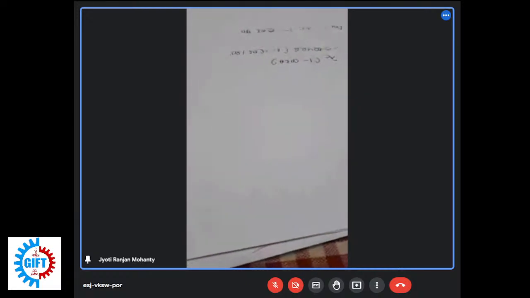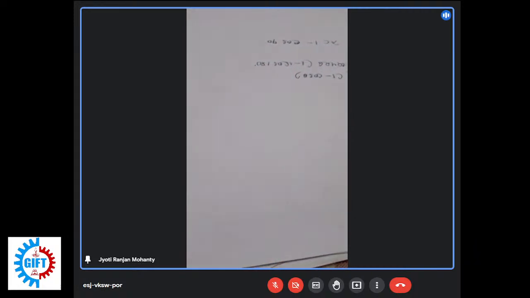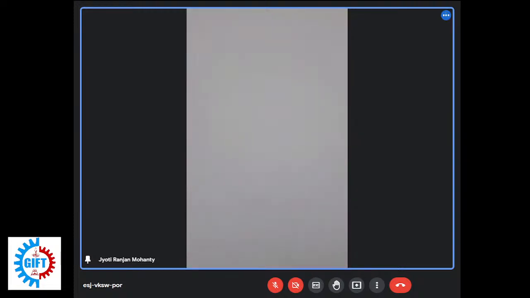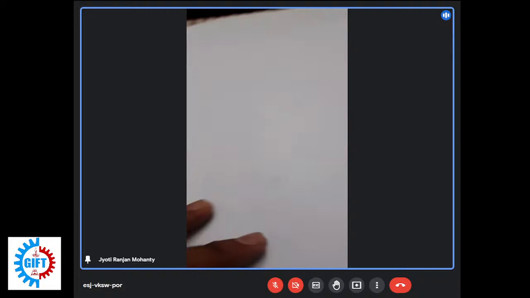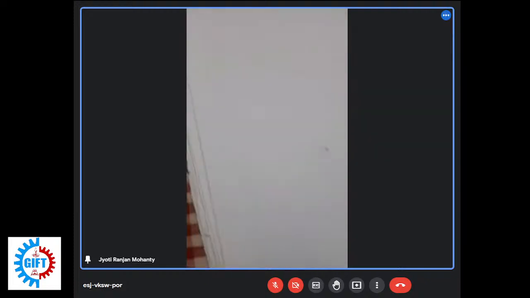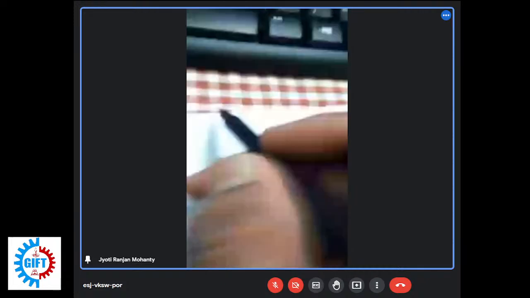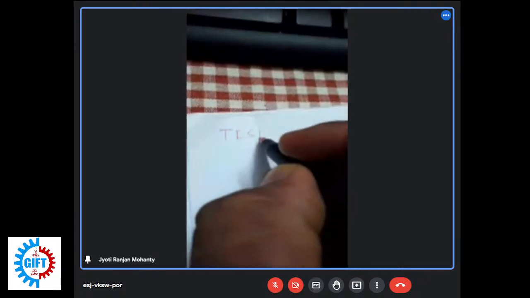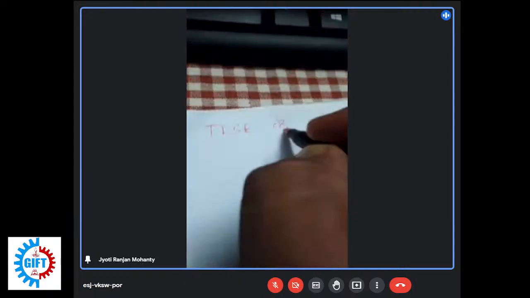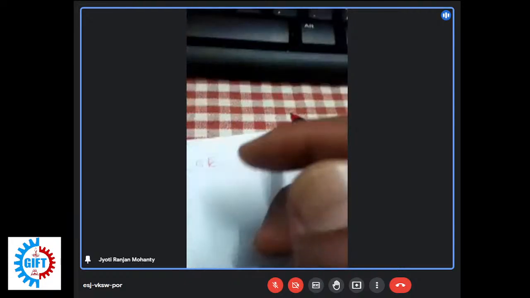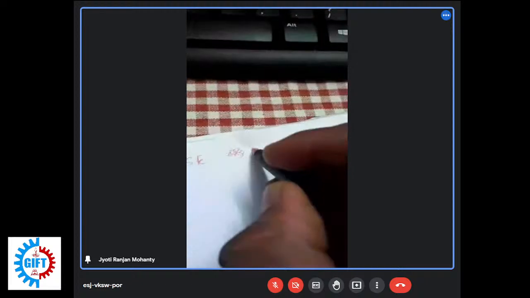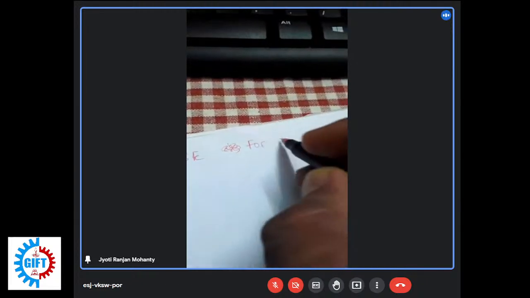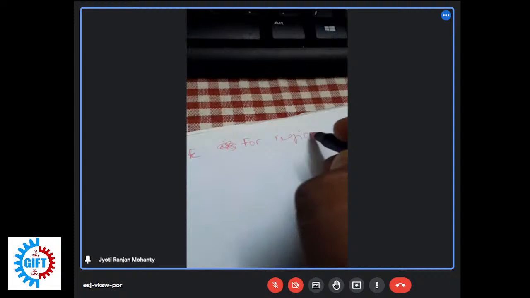Next, after writing the condition, by using the time independent Schrodinger equation, we have to solve it. So next step, time independent Schrodinger equation for region 2.